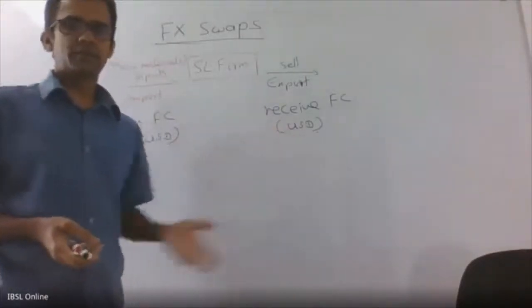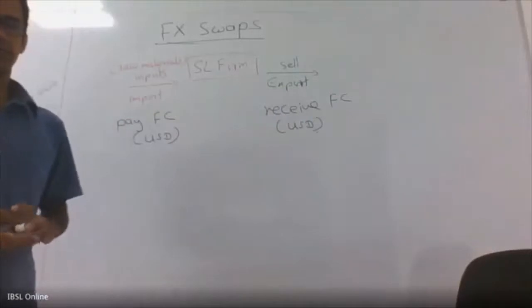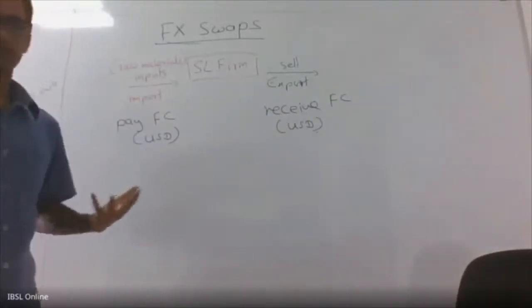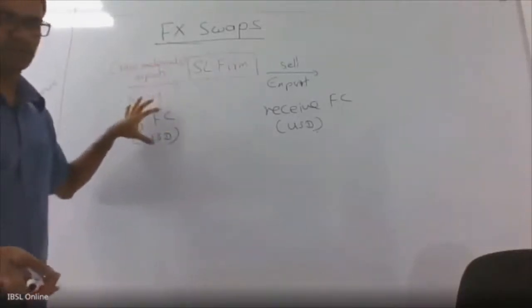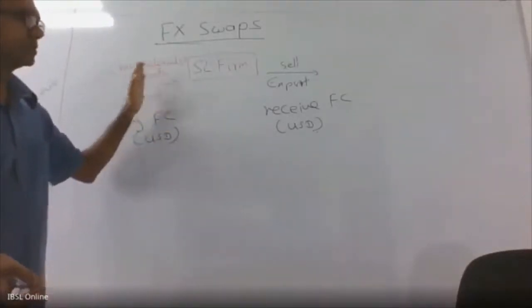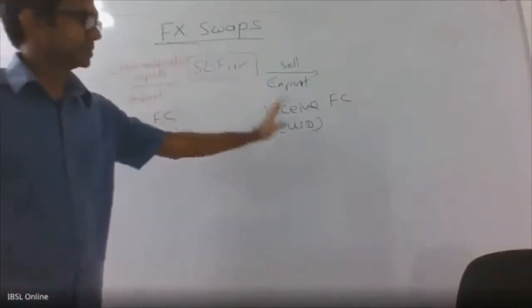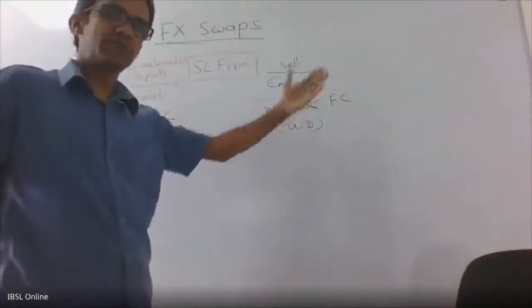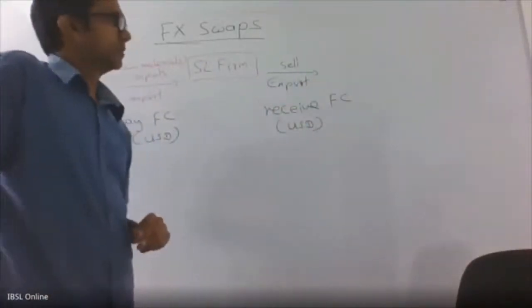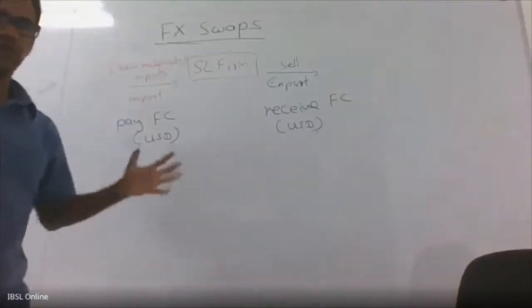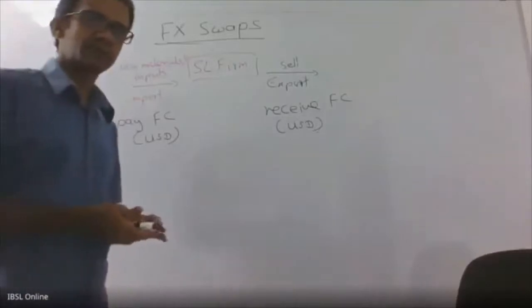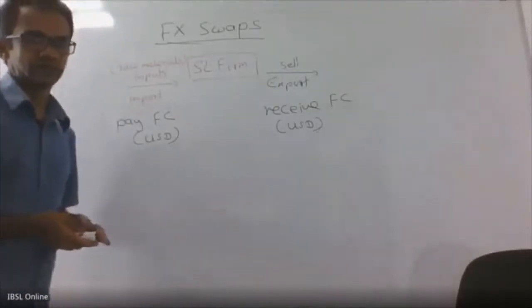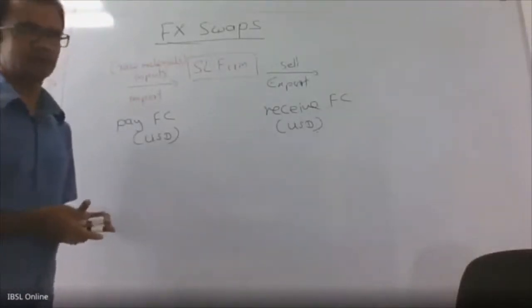There may be a timing mismatch. You pay by the time that you import goods and you receive foreign currency when you sell your goods. So cash flows may occur at different times.